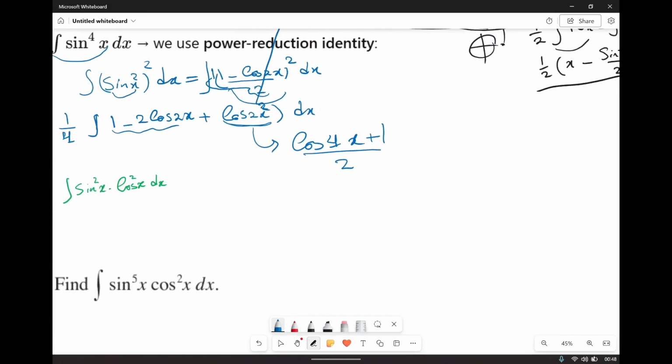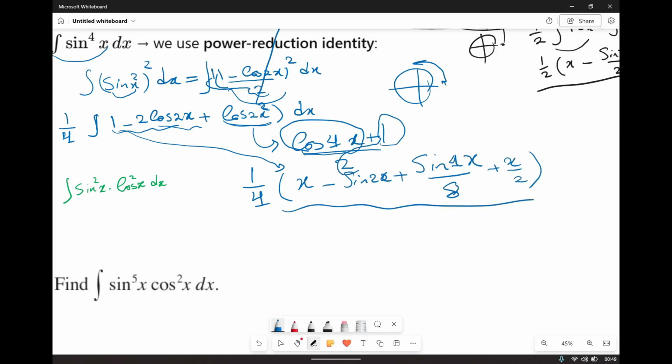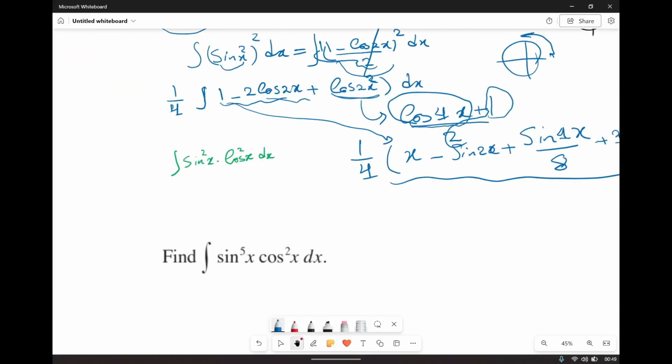Therefore, our total integral is 1 over 4 parenthesis: the integration of this is x, the integration of this cosine is sine, but with the minus 2, 2 and 2 cancel, sine 2x. For this part, the integration is plus sine over 4, and after that over 2, sine 4x over 8, and this plus x over 2, and simplification is your dv of course with respect.